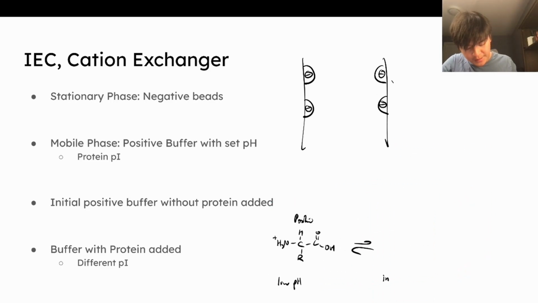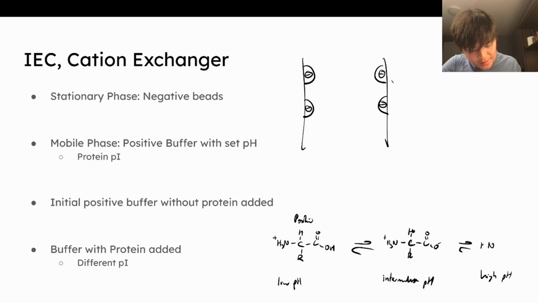At our intermediate pH, our carboxylic acid will deprotonate, and what we're left with is a net neutral charge, with NH3 plus. And then at a high pH, our amide will deprotonate and give up its proton, and we'll have a net negative charge.